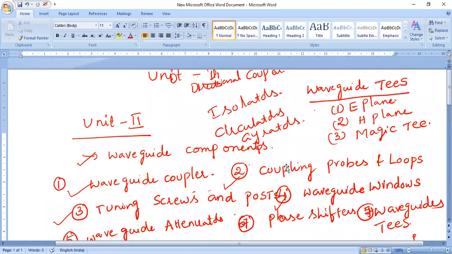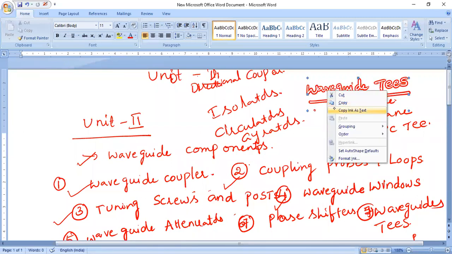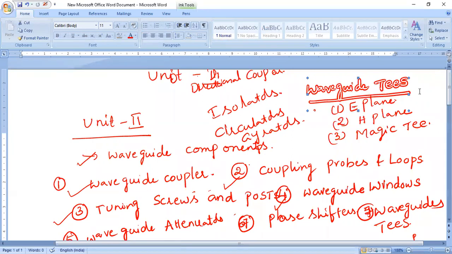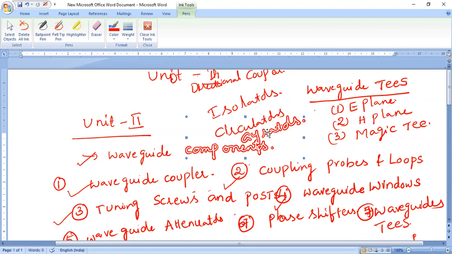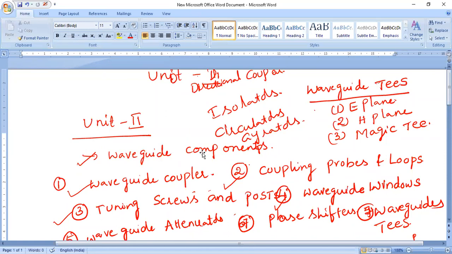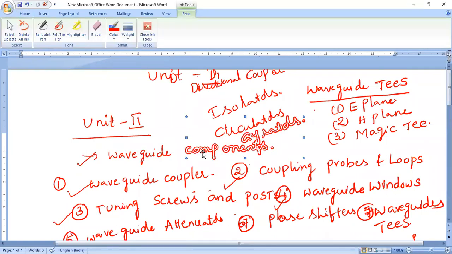These are the waveguide T's we have to discuss: E-plane T, H-plane T, magic T. And other than this, we have directional couplers, isolators, circulators, gyrators. All these come under the category of waveguide components. Are you getting? So in Unit 2, we are basically going to discuss all the types of waveguide components.